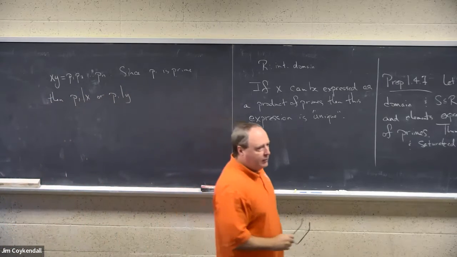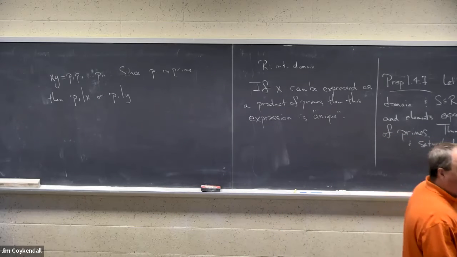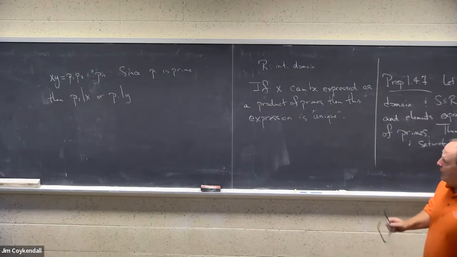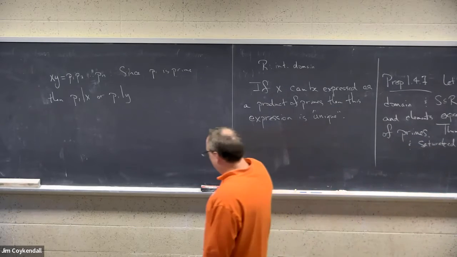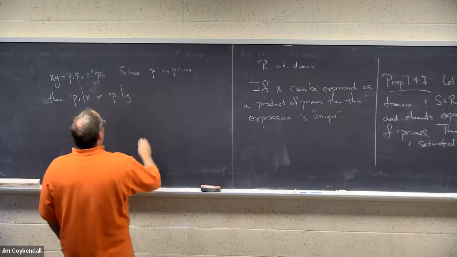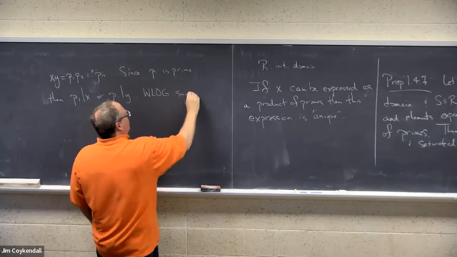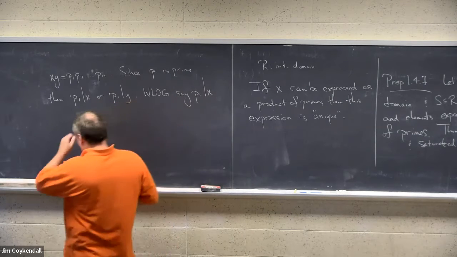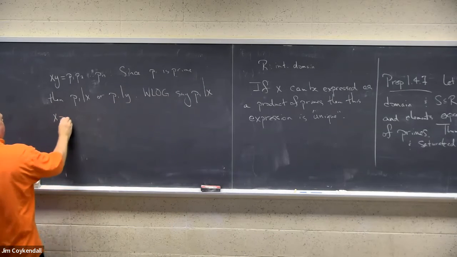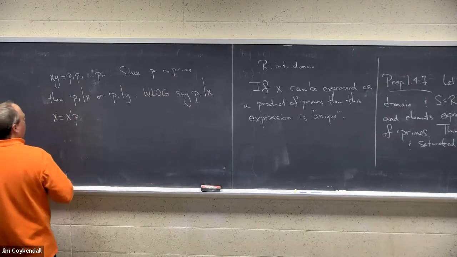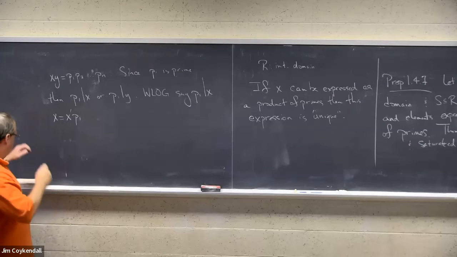You gotta love those primes, right? Since it divides that product, it has to divide one of the elements of the product, and we will say, without loss of generality, P1 divides X. So I'm going to write X equals X prime times P1.